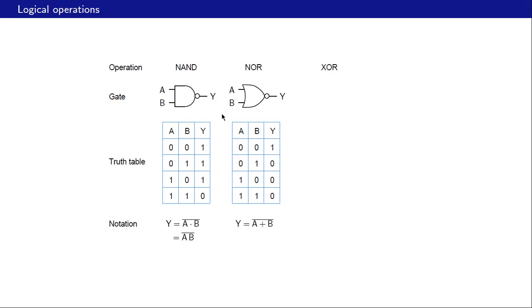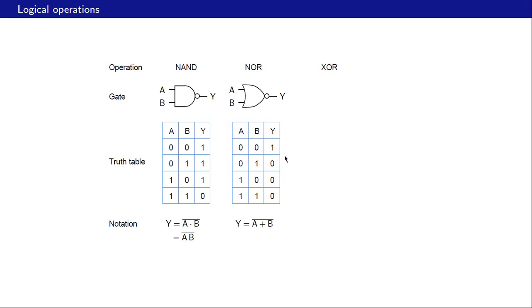Here is the NOR gate, and we see that it is a combination of OR, which is the first part of the symbol, followed by NOT, which is this circle. Alright, so the truth table for the NOR operation is exactly opposite to that of the OR operation, and that is reflected in the table here.